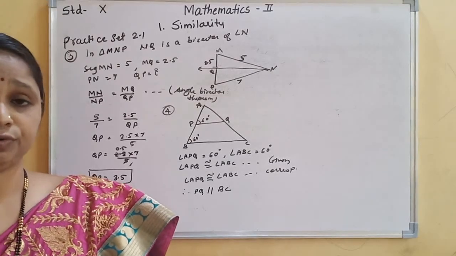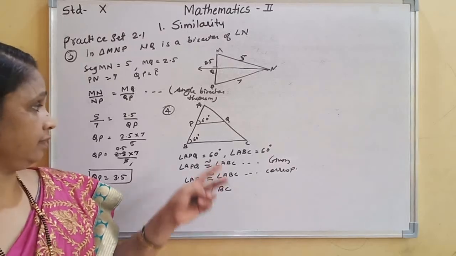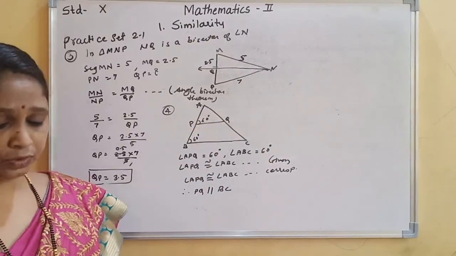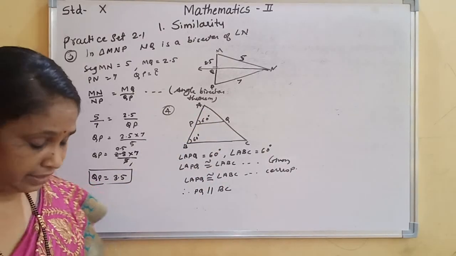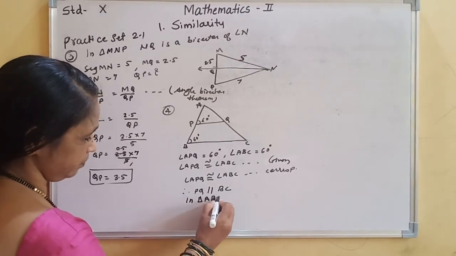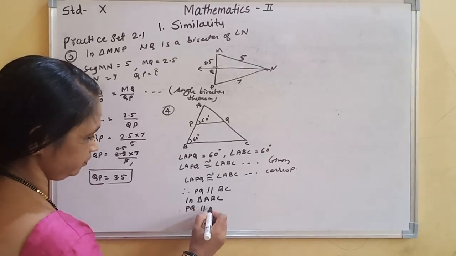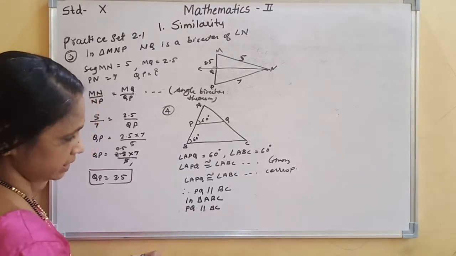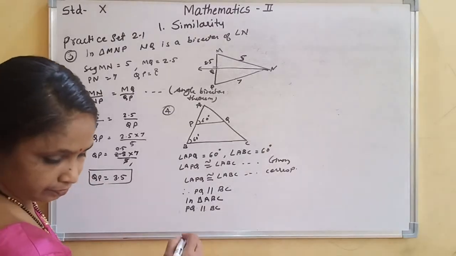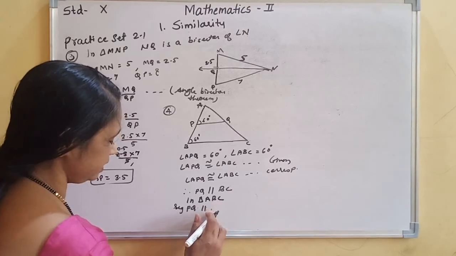Now see, we know if the lines are parallel, then their ratios will be equal. Means in triangle ABC, PQ is parallel to BC. Therefore, segment PQ parallel to segment BC.